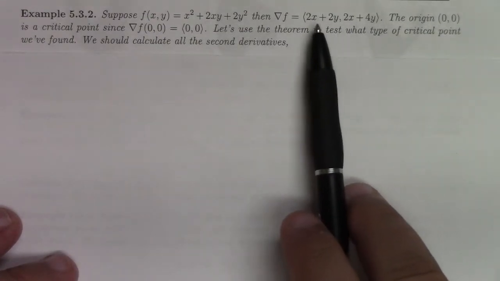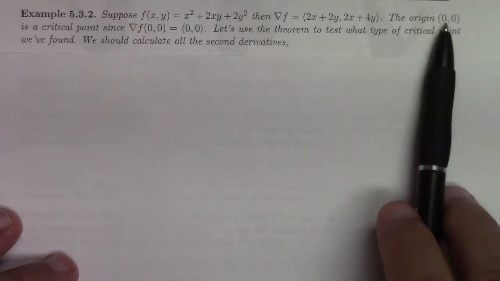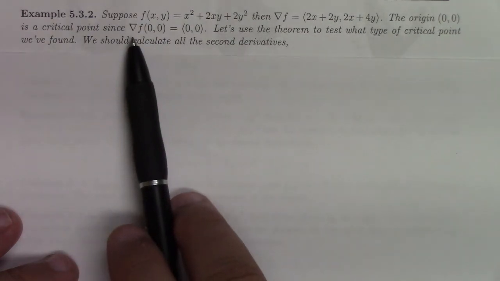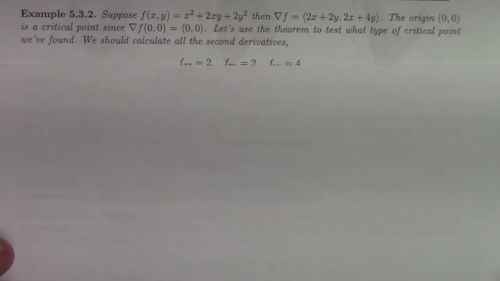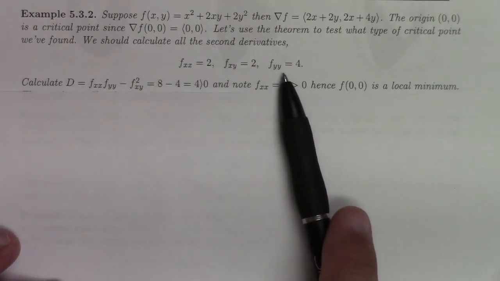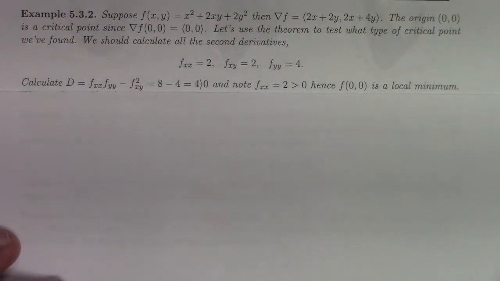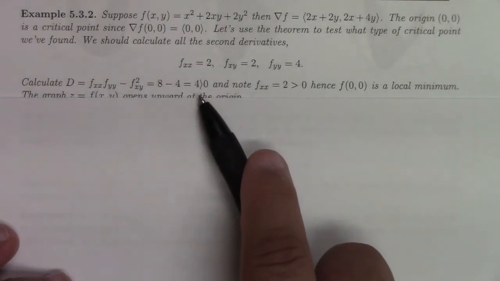Calculate my gradient and set both of those equal to 0. That gives me the origin as a critical point. At least that's a critical point. And so I'm just going to focus our attention there. Second derivatives, 2, 2, 4. So I calculate big D. Big D is 8 minus 4, which is equal to 4.